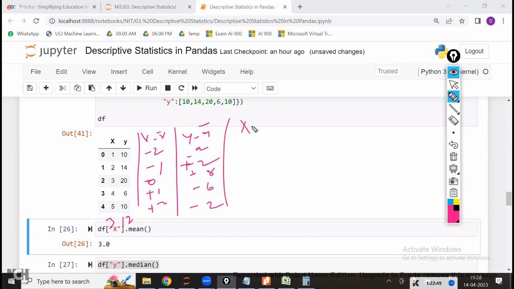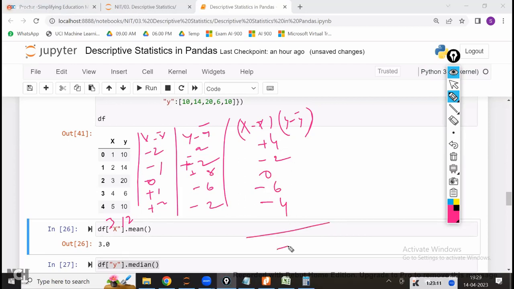Now what you are going to do? X minus X bar into Y minus Y bar. That is minus 2 into minus 2, plus 4, minus 2 into plus 2, minus 4, 0, minus 6, minus 4. Now what is the sum?